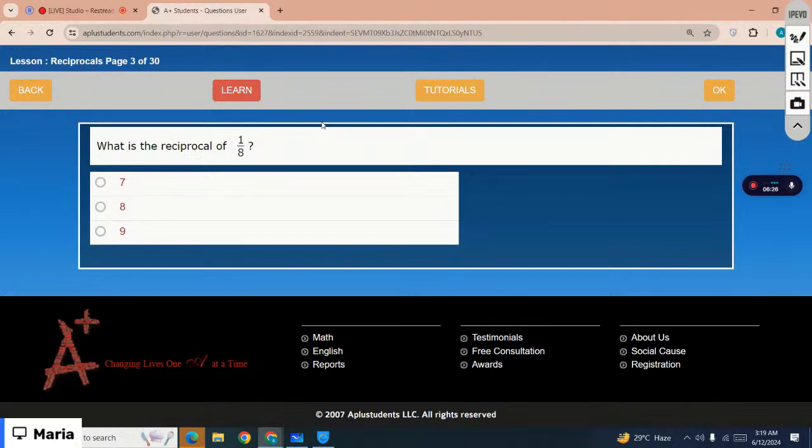The reciprocal of 1 over 8 is 8. The correct option is 8.